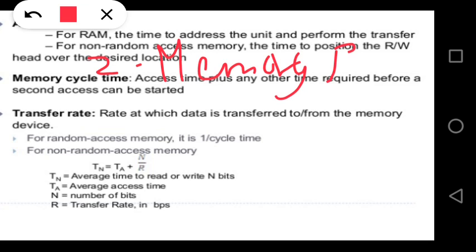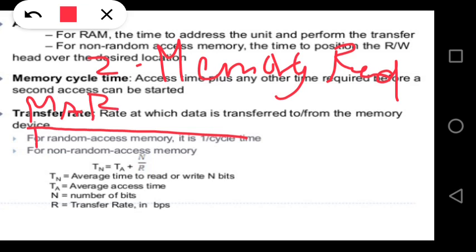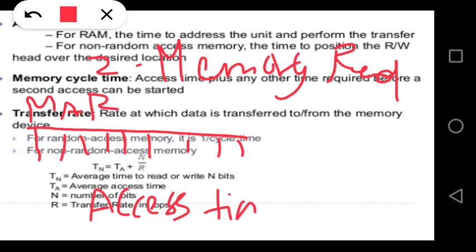So when you require two memory read operations, first you place the address in MAR, and now the time starts. Let's assume this is access time. Once you place this in MAR, go to memory and perform a read or write operation.